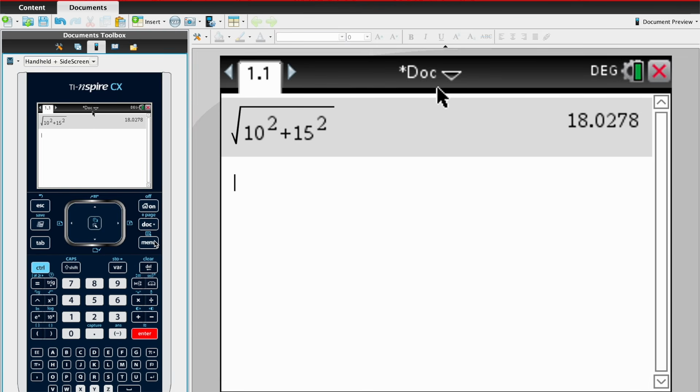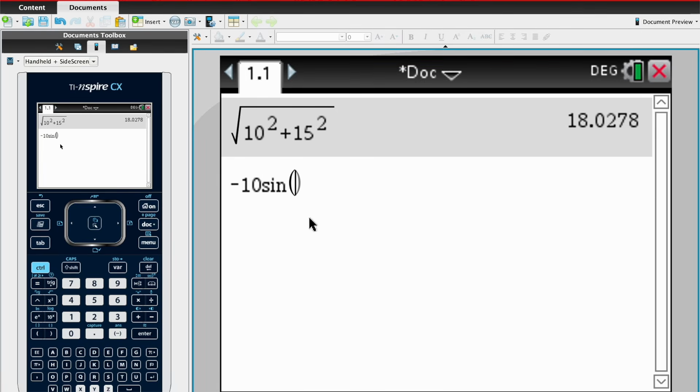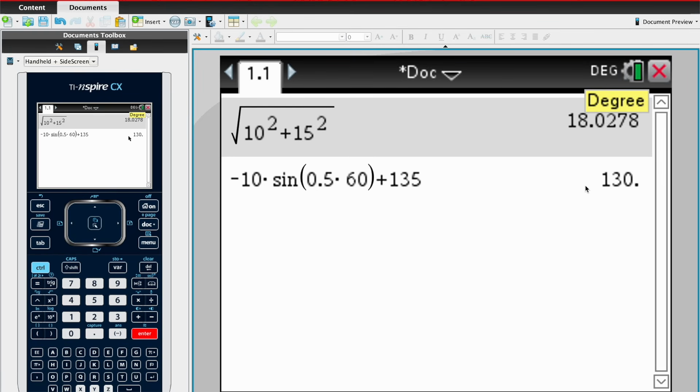So negative 10 sine, then we'll have 0.5 times 60 plus 135. Make sure you're in degrees. And the answer is 130. So we are 130 centimeters above the ground.